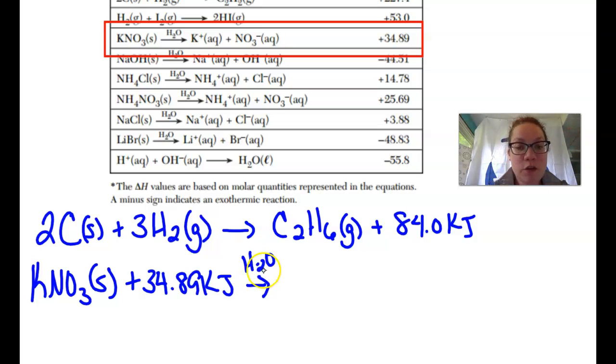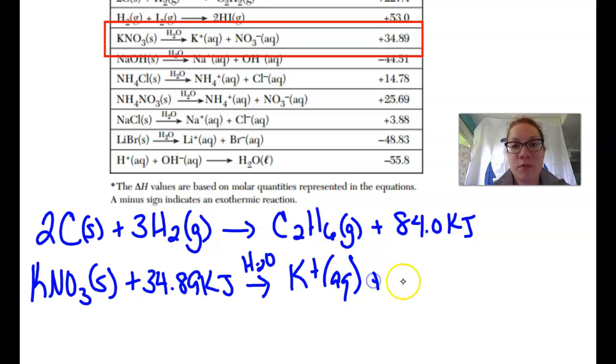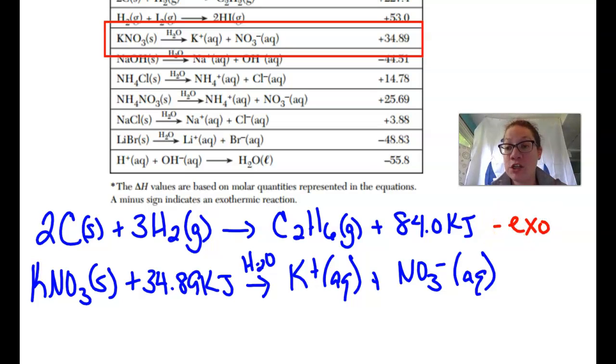That's just why that exists there. This is going to be K plus aqueous plus NO3 minus aqueous. So that is showing how an exothermic reaction has the heat as a product, and an endothermic reaction has the heat as a reactant.